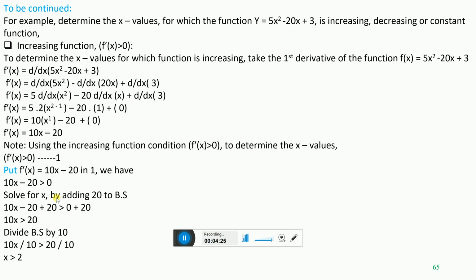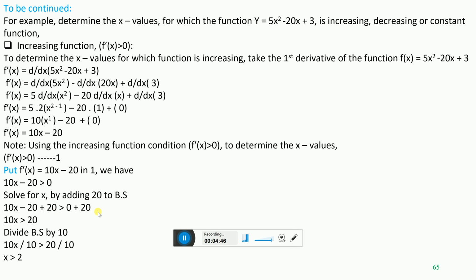How is this possible? We will add 20 to both sides. By adding 20 to both sides, we have 10x minus 20 plus 20 on the left hand side of the inequality, and 0 plus 20 on the right hand side.